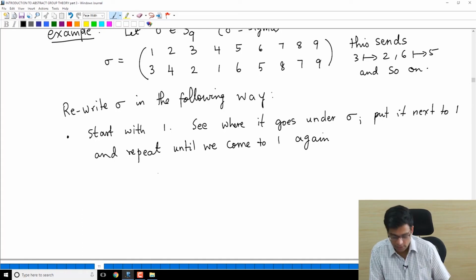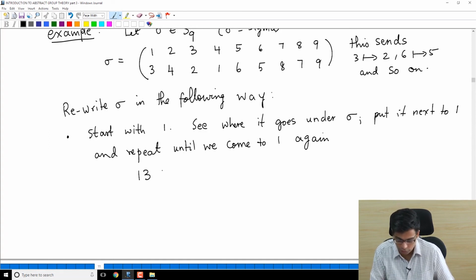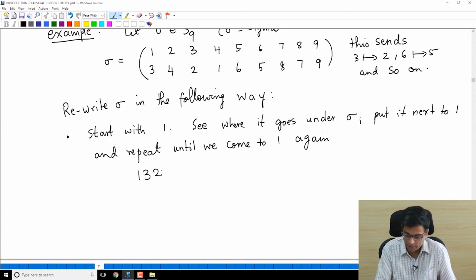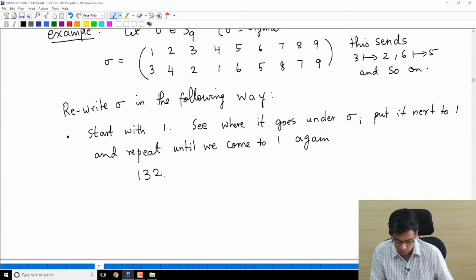So let's illustrate this. We start with 1. See where it goes: 3. Repeat with 3. 3 goes to 2. It's right there, the function sends 3 to 2. We have not come to 1 again, so we continue. 2 goes to 4 under this. Again we have not reached 1, so continue.